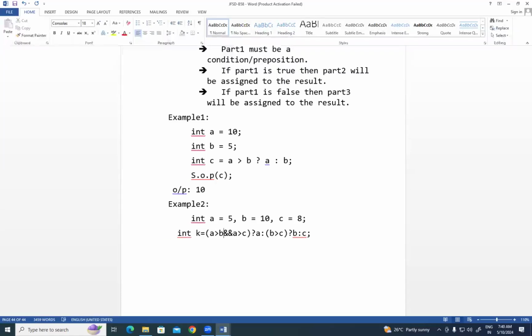Before I explain it, could you tell me what output you are expecting? System.out.println of k.